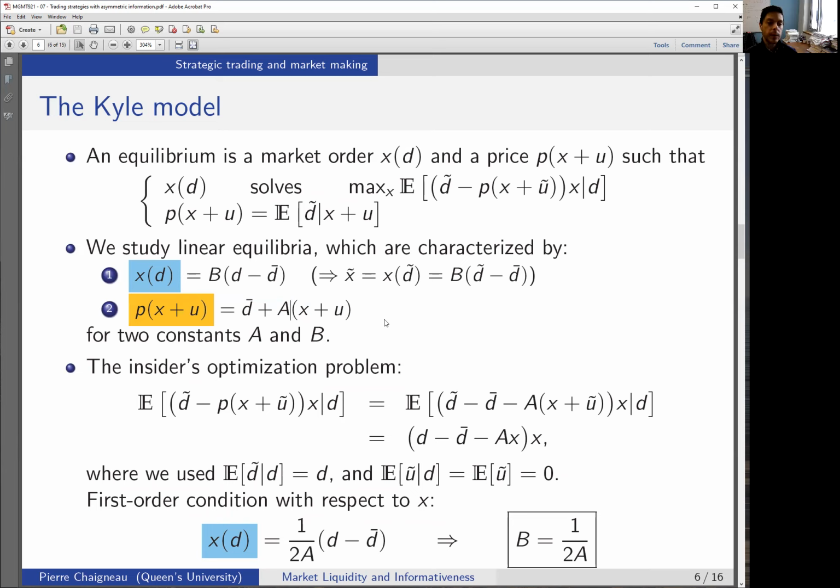And so the more the insider buys, the more the market price is going to move against him, thereby reducing his profits. Okay. And so to mitigate this, the insider is not going to trade such large quantities that he would fully reveal his information. So he will strategically demand lower quantities, so smaller buy or sell orders, in order to not fully reveal his information to the market maker.